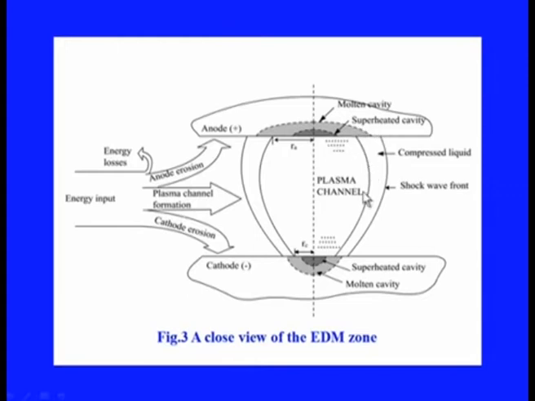But at the same time we should remember that the tool also can experience this erosion phenomenon to some extent, and it does. However, because of the different polarity of the tool and the workpiece, the erosion experienced by the tool is much less than what happens at the positive electrode, or the workpiece zone.